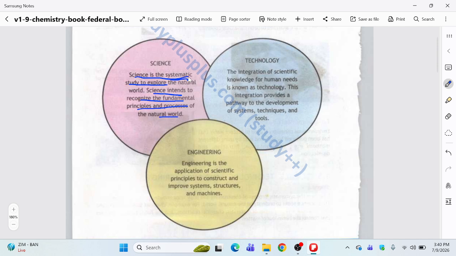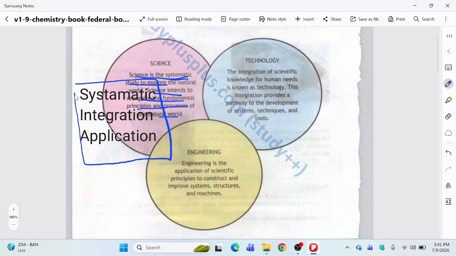Remember over here, last time I told the people who listen in the video also about this: systematic, and then integration, and then application. These three are the key main points for science.